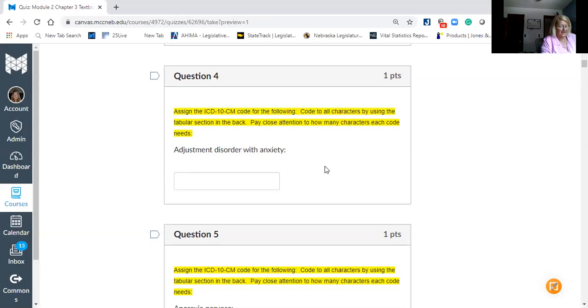And then we're going to go back to the F's in the back of the book. And that's actually on page 554. Feel free to write these codes down if you want to in order to look them up in the back. If you can't remember them, by all means do it.